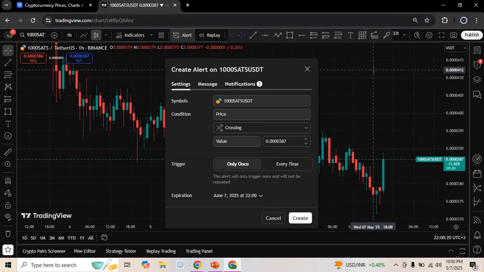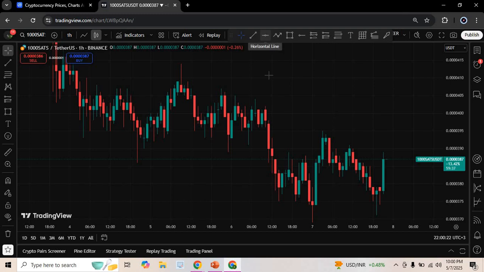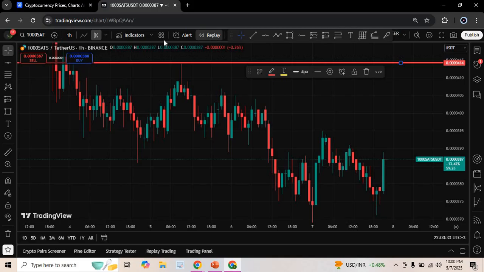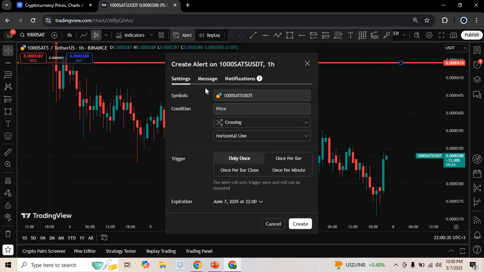For example, let me just do this. You can say my interest price: I want this system to alert me once 1,000 sats reaches maybe this price, 0.004 and whatever. So what I'll do, I'll come to my chart, click that, choose my pair, that's 1,000 sats, the price.